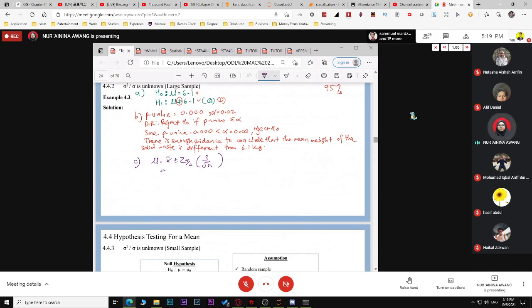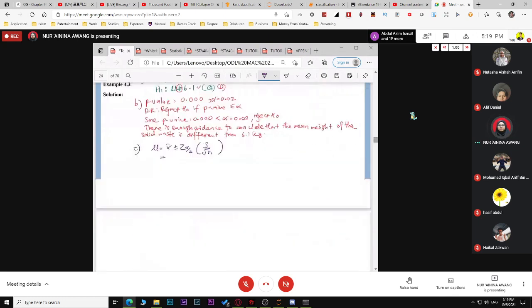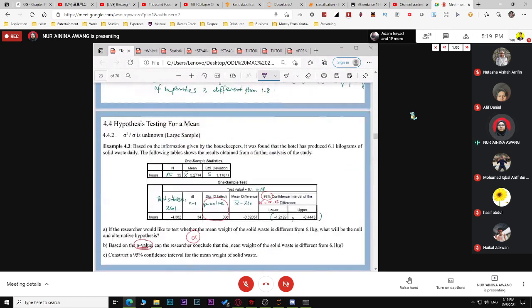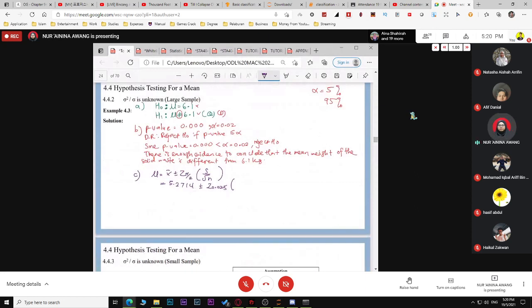Your x bar value is already here, 5.2714. Then z 0.025. Is the standard error of the mean given? No, so you need to write the value. The standard deviation is 1.11871 over square root of 35. Then you will get this value, 1.96.